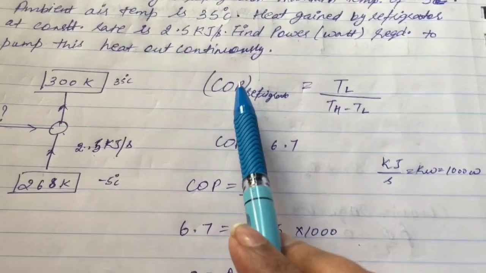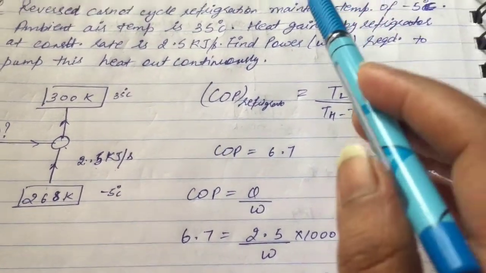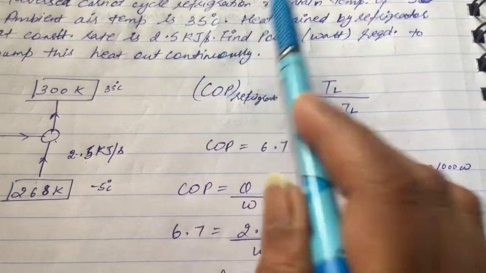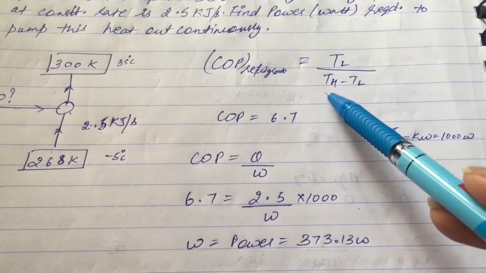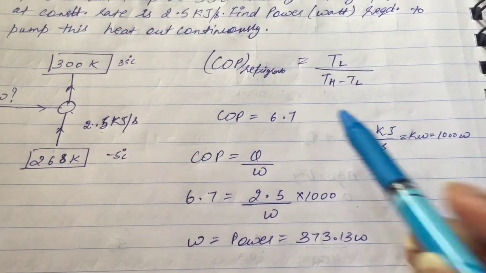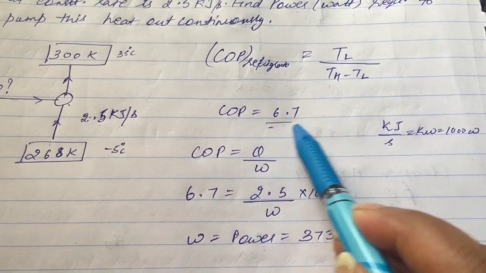So we know that COP for refrigeration, as mentioned in the question it is a refrigeration process, is low temperature upon high temperature minus low temperature. So COP comes out to be 6.7.